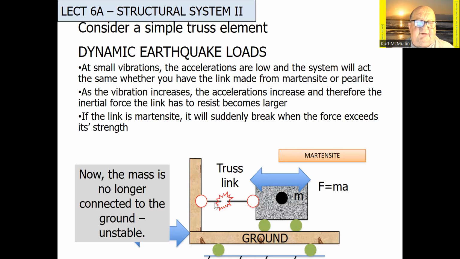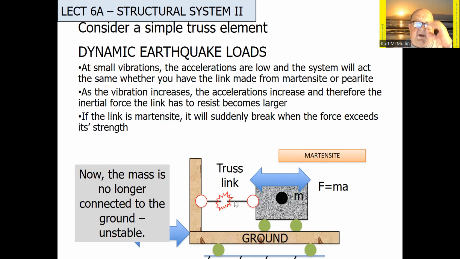If we build the truss link out of martensite, at small vibrations the accelerations are low. The force in the link is well below the strength of the link, and everything will be fine. But as the vibration increases and the acceleration grows, so does the force.